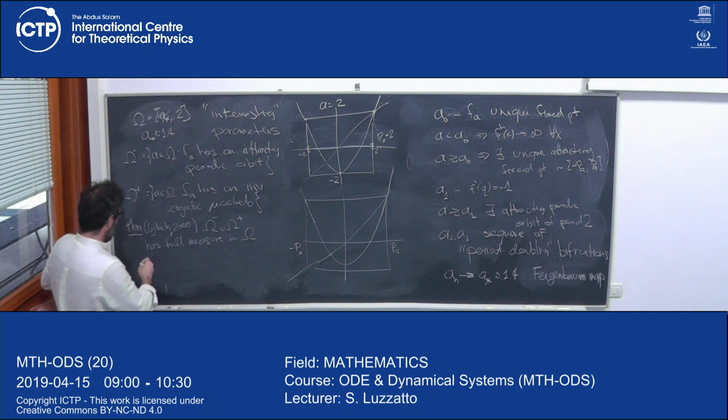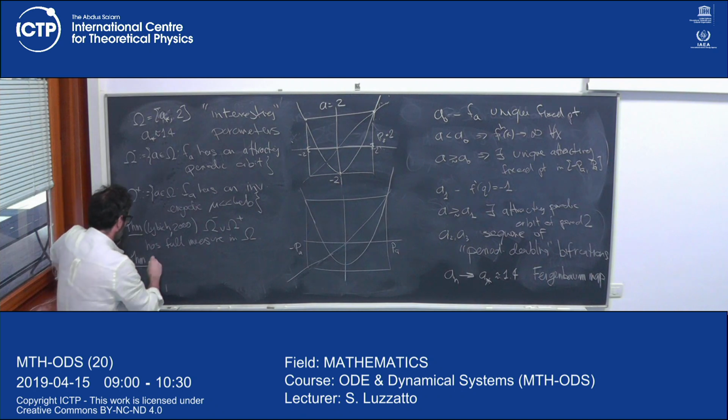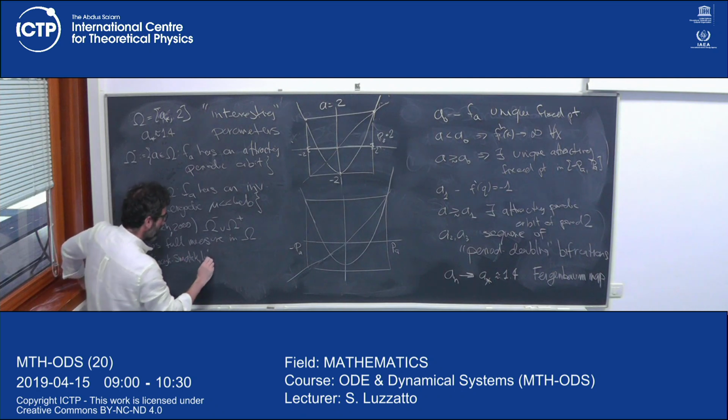orbit. And what is especially interesting is that these two sets have very different structure topologically. So this theorem is from two Polish mathematicians, Graczyk and Świątek, and also Lyubich, kind of proved at the same time.